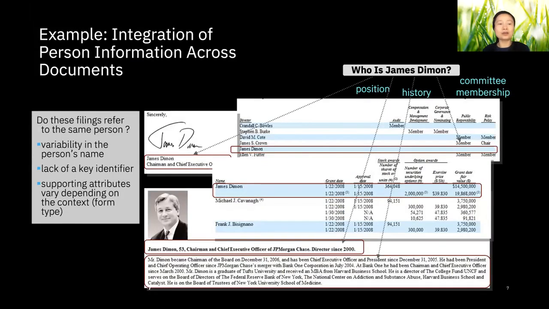Similarly, in order to identify key personnel information, we need to be able to extract information across different documents and link all the information together.